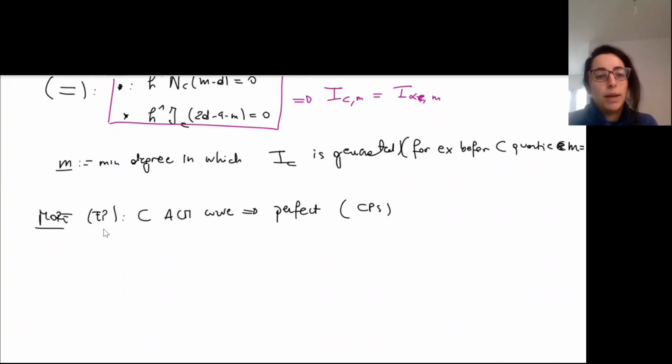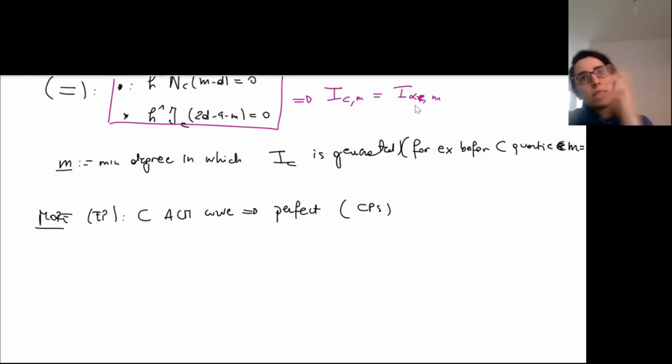This is due to a lemma that gives us a surjection. They prove a lemma in which they found that a certain sum of cohomology groups surjects over E alpha C, degree by degree.